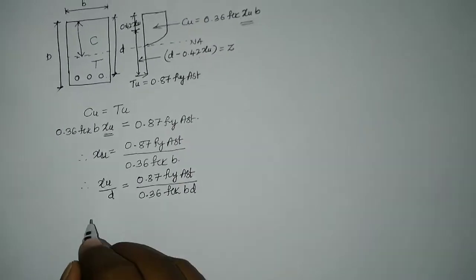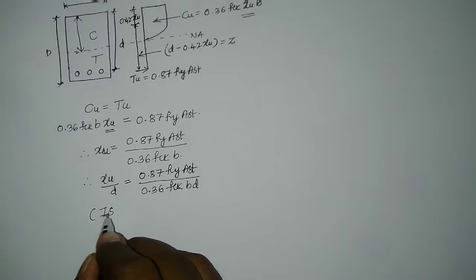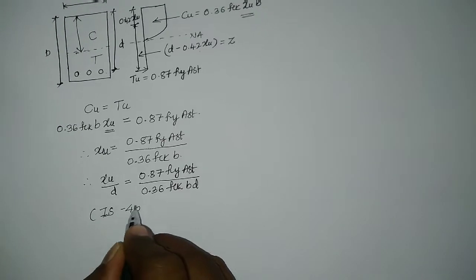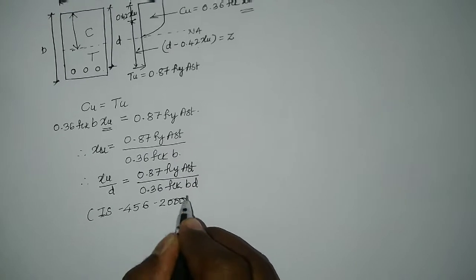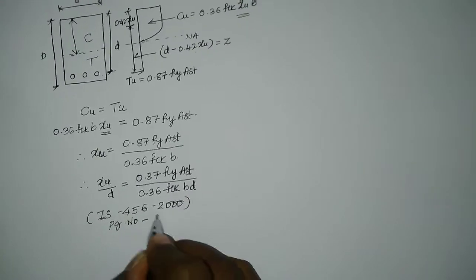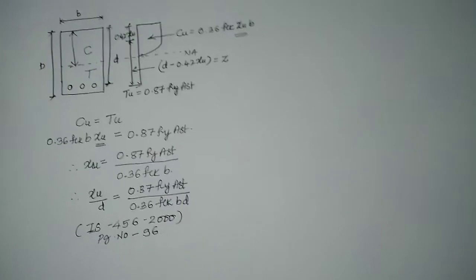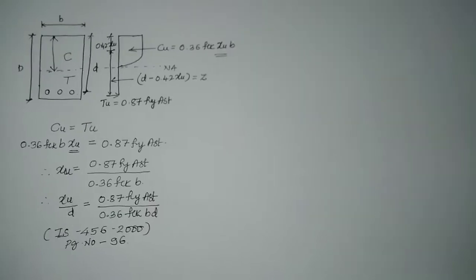It is there in IS 456:2000, page number 96. This is the equation to find the depth of neutral axis.